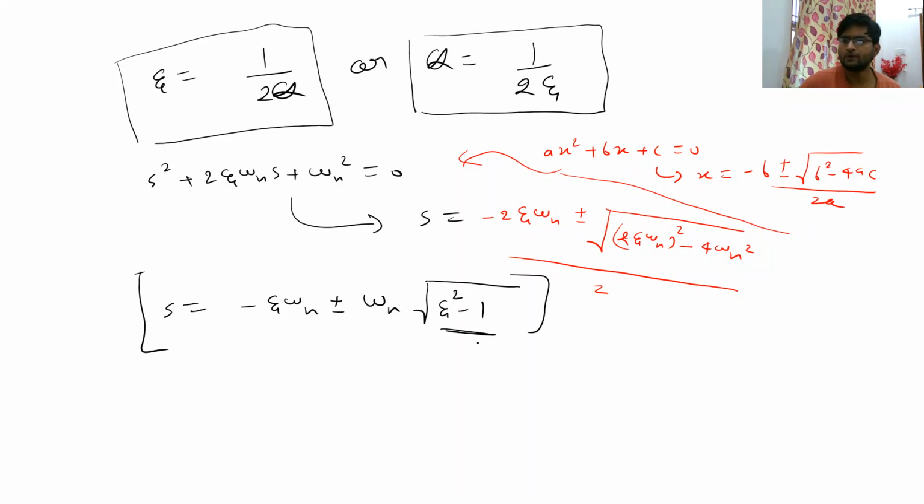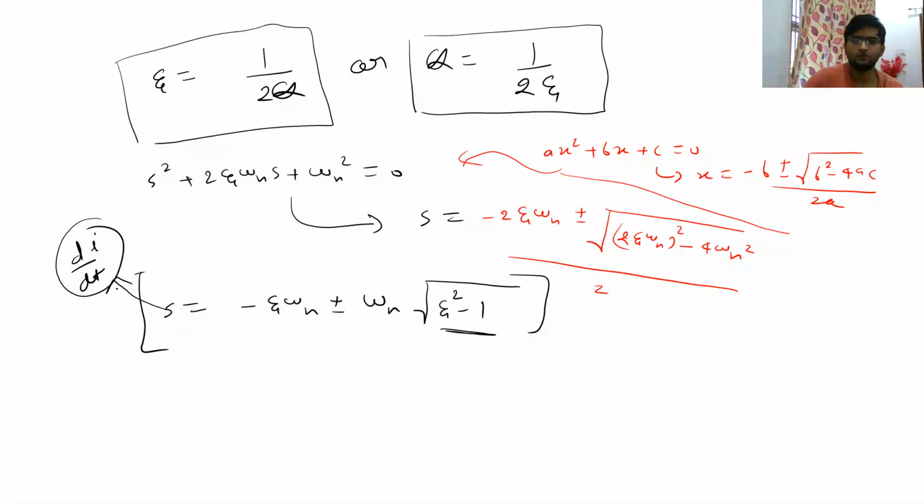If you remember differential equations of second order, when the roots of a second order differential equation are real and different, then the solution of that differential equation will be of this form. Do you remember, this S is basically d dt of what? I, right? We were taking the differential of current with respect to time.